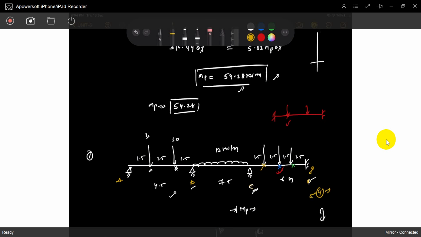Where are those 4 hinges? If you take 1, 2, 3 and 4, maybe under the load, how many possibilities are there? Just check: 1 possibility, 2, 3, 4, 5, center 6, 7, 8, 9, 10 possible locations for the plastic hinge.